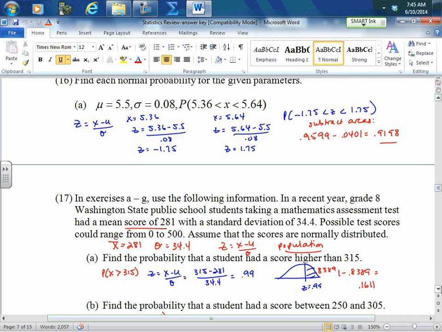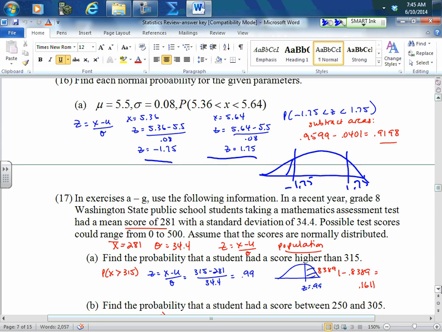And in that case, because they were both the same, you really didn't have to look the second one up, because you could use this fact and just subtract the 0.0401 from 1 to get 0.9599. If you see that these are the same, right? And here, remember your curve is symmetric.